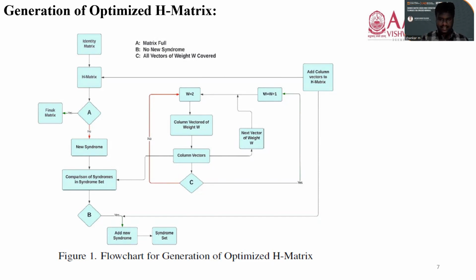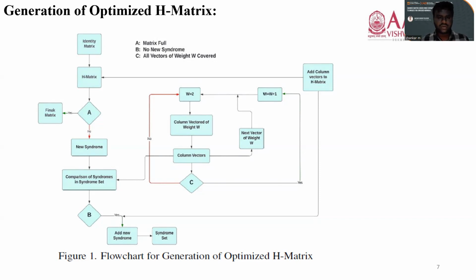If this condition is satisfied, then only that syndrome vector will be placed in our column vector. So this will be an iterative process. Initially, all the syndromes with lower weights, meaning fewer ones, will be computed iteratively so that the H matrix will be an optimized one. Then, once all the lower weight vectors are completed, only then will we go for the higher weight.